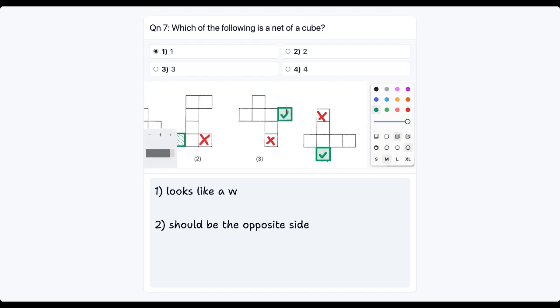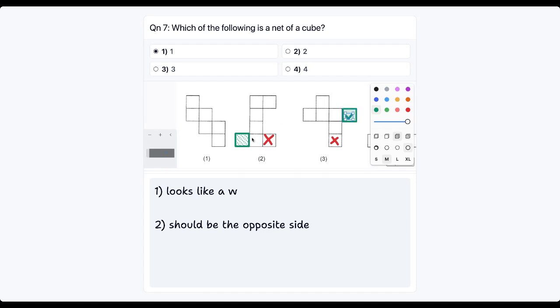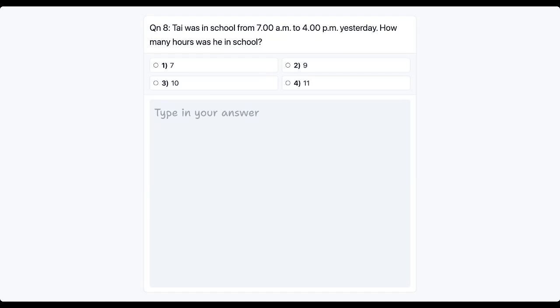This should be here like this, and this should be here like this. Put it over here, or you can put it here as well. Doesn't really matter. I think there isn't much more to it. That's how it looks like. All right, that's it. Let's move on to the next question. Question number 8.